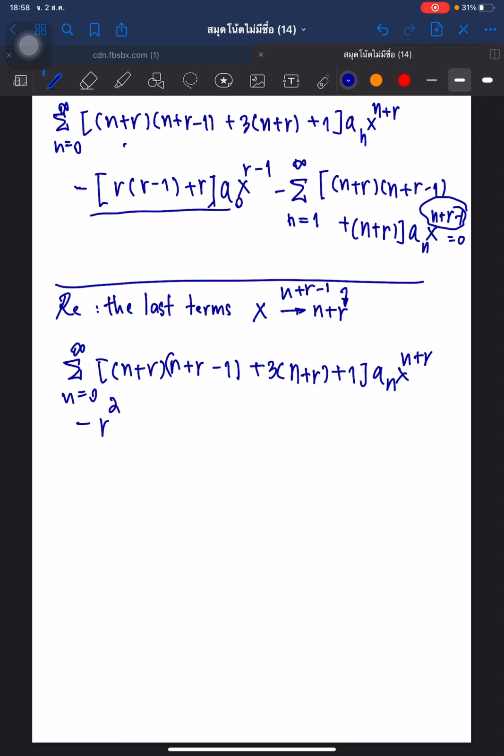minus r squared a0 x to the r minus 1, r squared minus r.